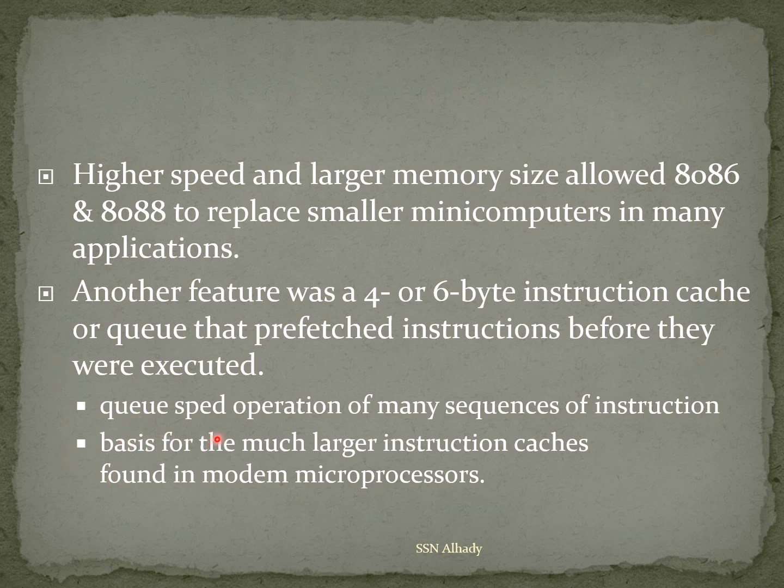The queue speeds up the operation of many sequences of instructions, the basis for the much larger instruction caches found nowadays, but they still use the same architecture as the 8086. The only difference is a much larger instruction cache.